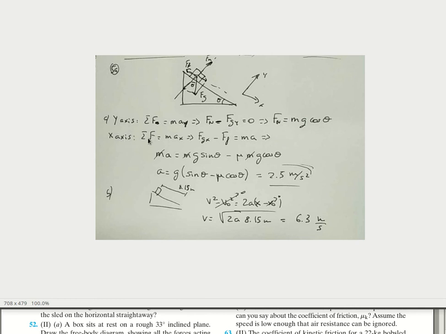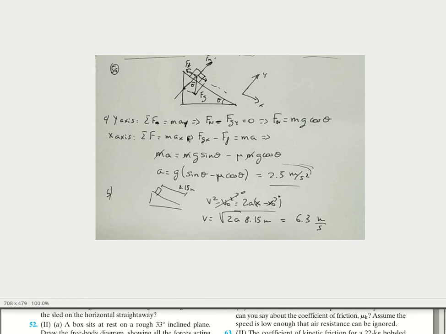In the x-axis, the x component of the force due to gravity minus the force of friction equals mass times acceleration.